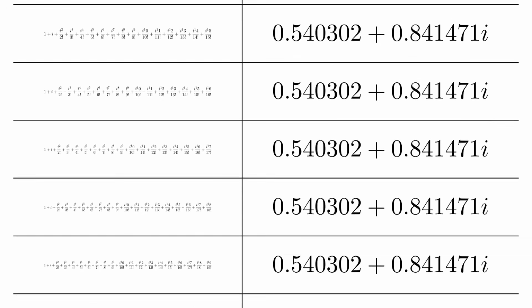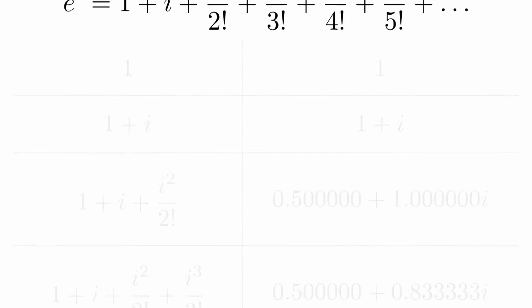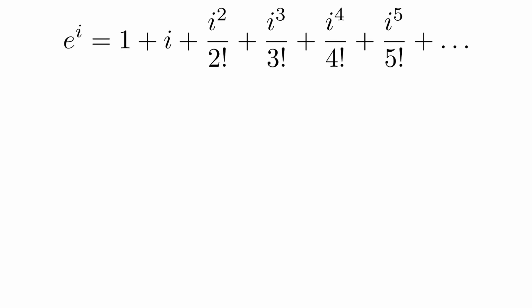Let's rewind here and take a closer look at the series we got for e to the i. Simplifying just a little bit, we get 1 plus i minus 1 over 2 factorial minus i over 3 factorial plus 1 over 4 factorial plus i over 5 factorial, and so on.